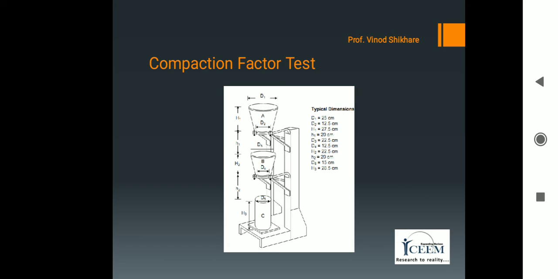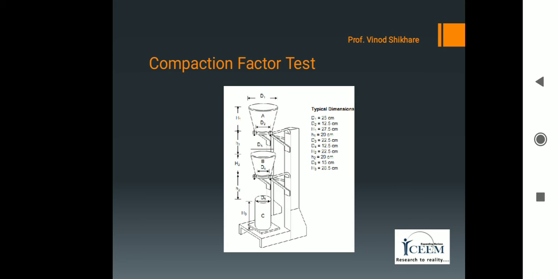Then the diameter of the cylinder C is given by D5, that is 15 centimeter, and the height of the cylinder, that is S3, is 28.5 centimeter. These are the typical dimensions of the compaction factor test apparatus. In the exam, you have to draw this diagram with all dimensions and describe the test in detail.